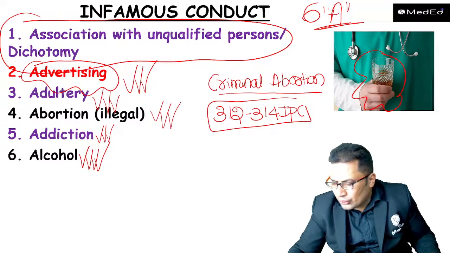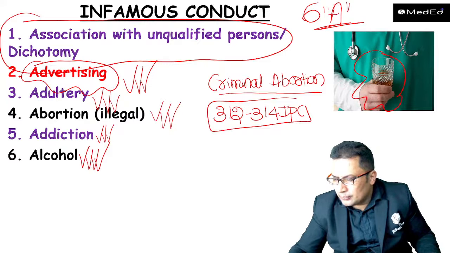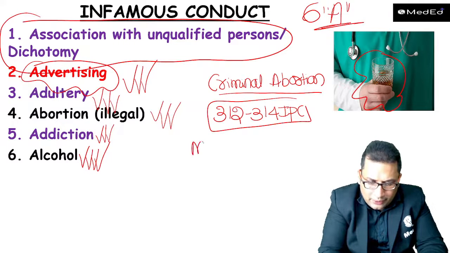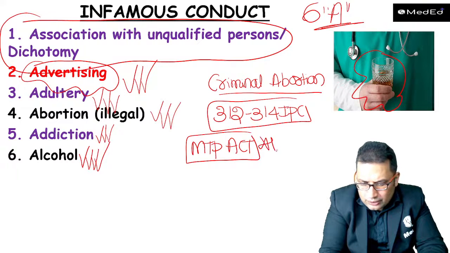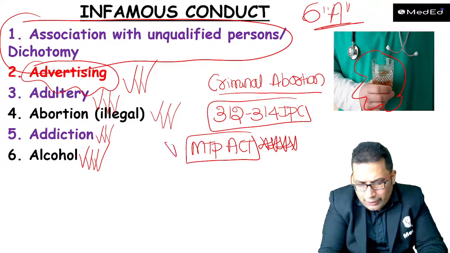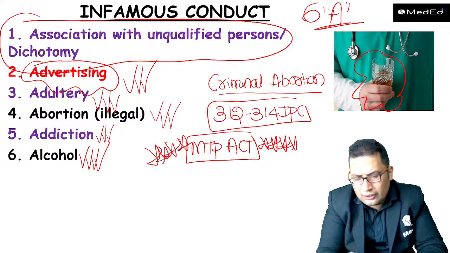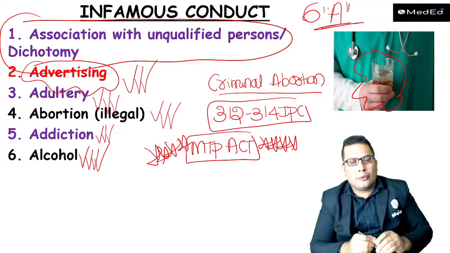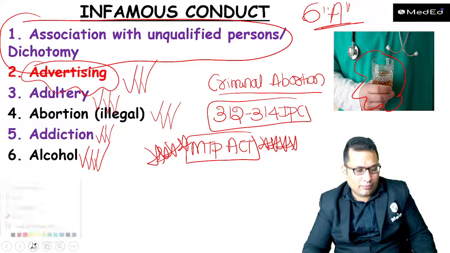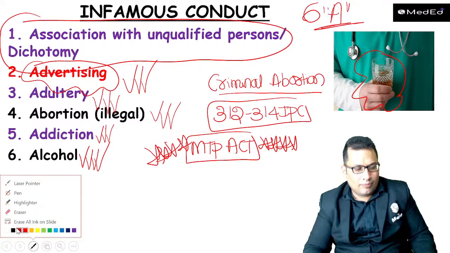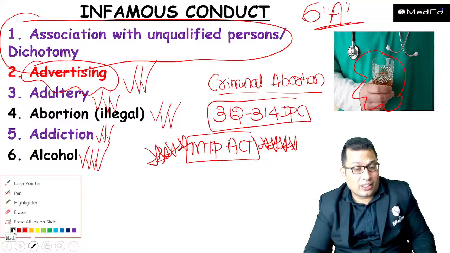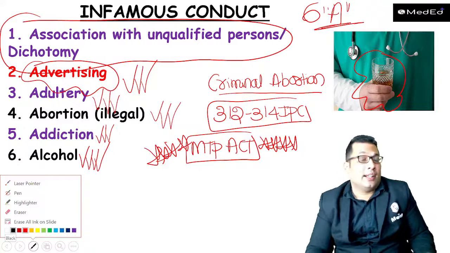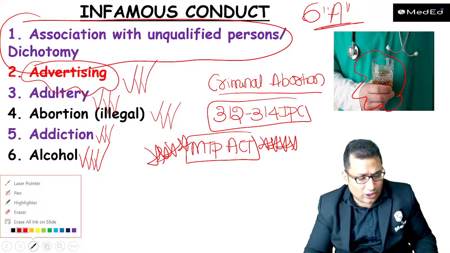And here what you must know is the MTP Act in detail. This is a very important topic. So all students go through the MTP Act in detail. Very commonly asked in your FMGE exam. MTP Act: indications, number of doctors required in conducting MTP, qualification, the punishment, all these are very commonly asked.